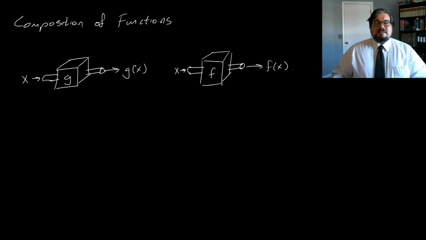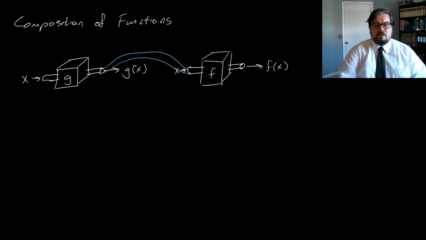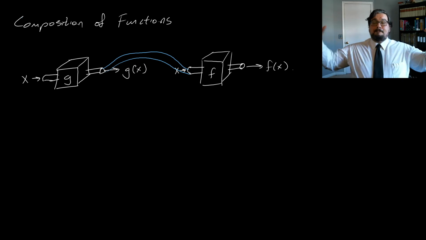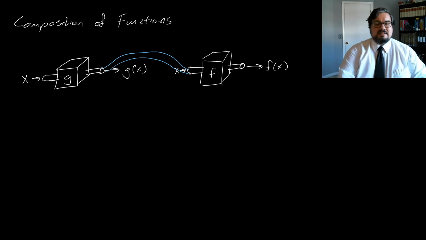So what we can ask is, well, what happens if we try to hook up the machines? What happens if we take the output of this function and run it into this one? Well, then we can sort of combine the two machines together into one bigger machine and see what we get.